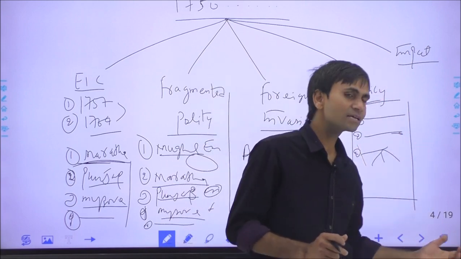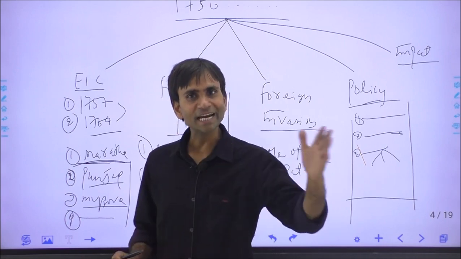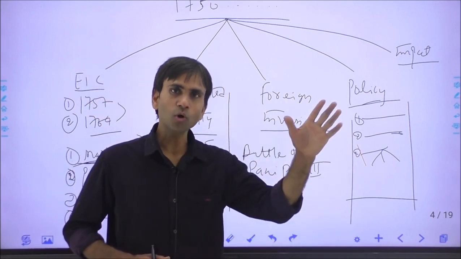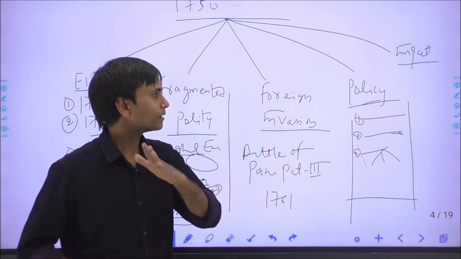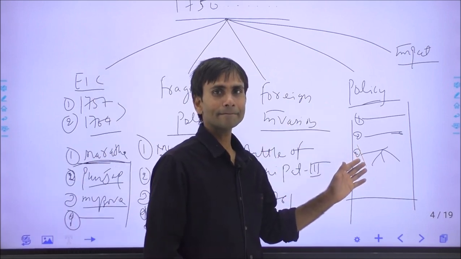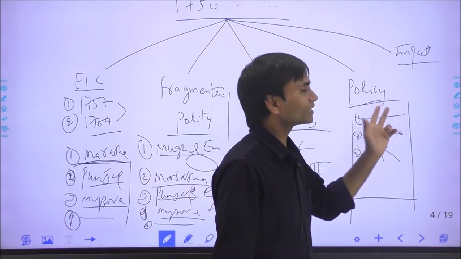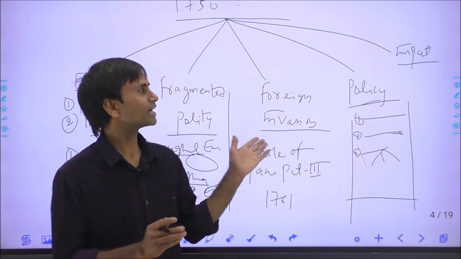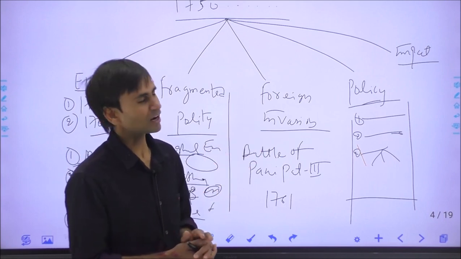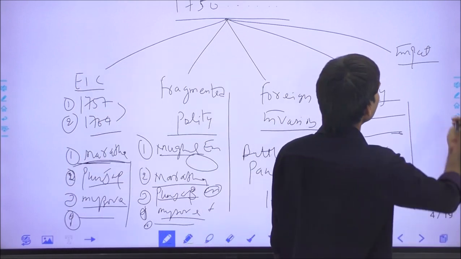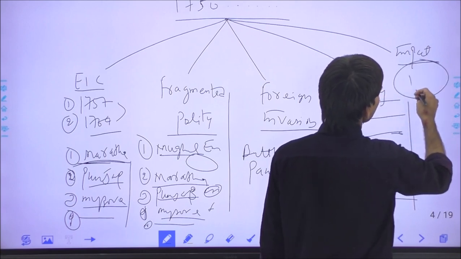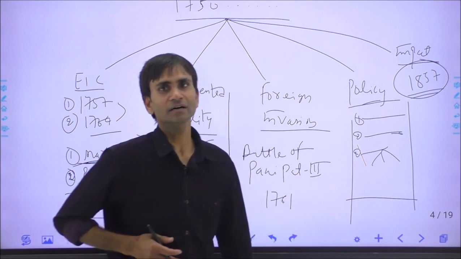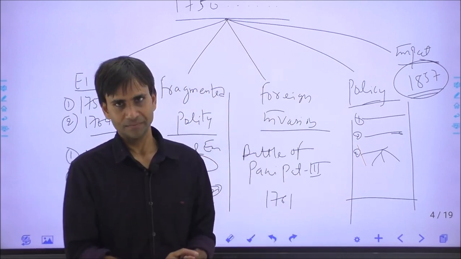So different classes, they may be the peasants, tribesmen, in some areas landlords, and the princely states and traders or the armies, revolted against the British policies, and finally this resulted in the revolt of 1857. The revolt of 1857 is a landmark in Indian history.